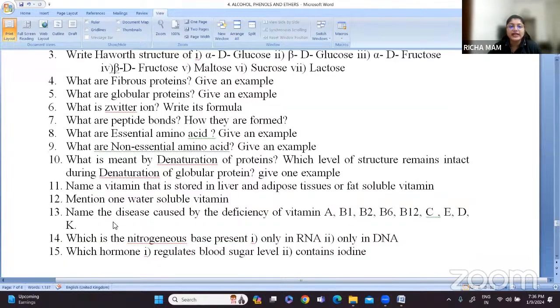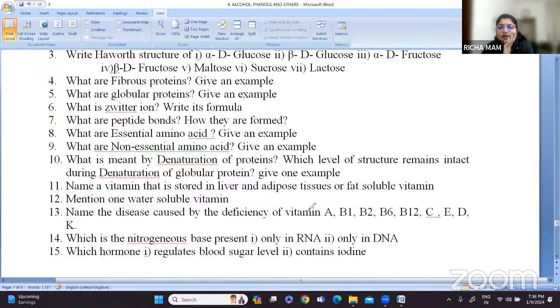Fine. Next, name the disease caused by the deficiency of vitamin A, B1, B2, B6, B12, C, E, D, K. We'll see one by one. These deficiencies are very important.